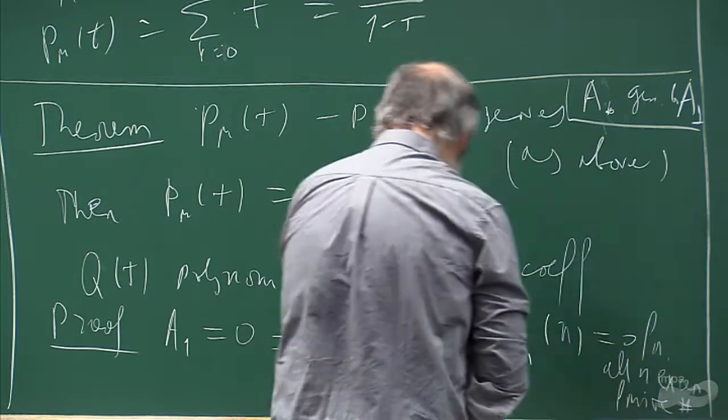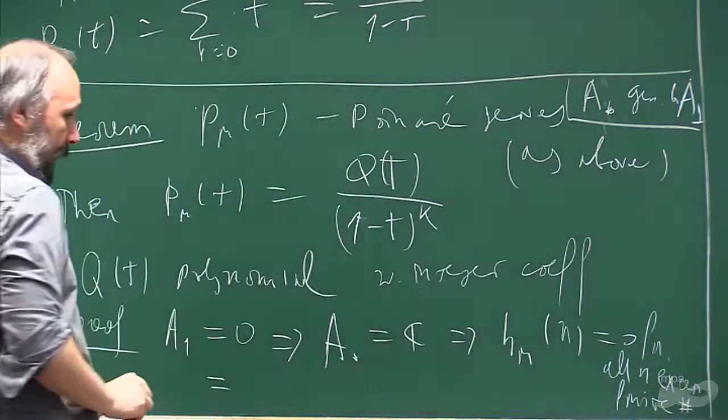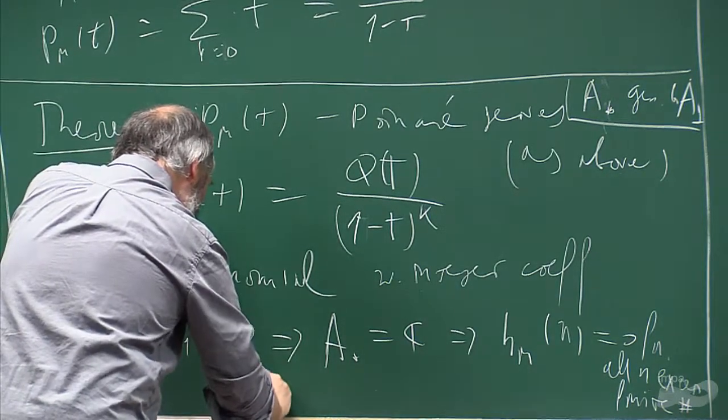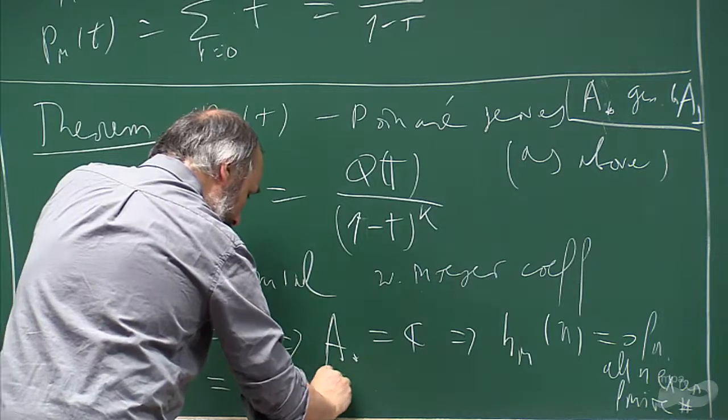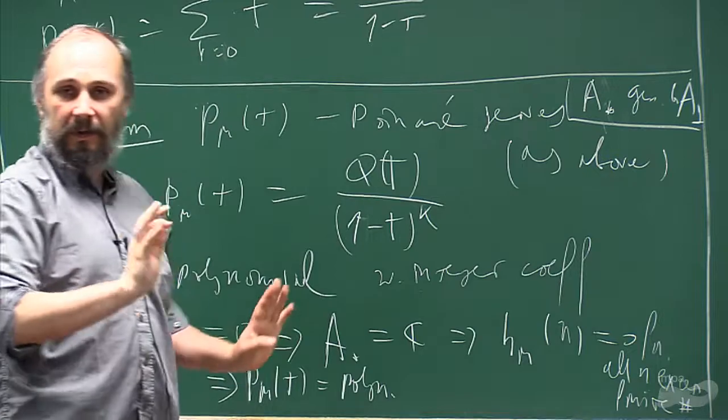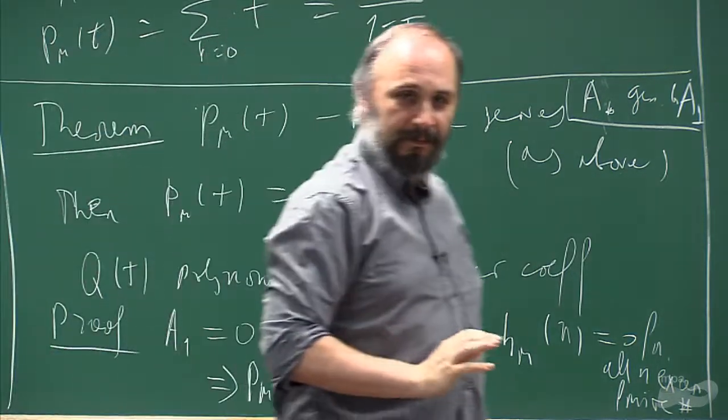And then, obviously, this means that our P_M of t is a polynomial. Clear? There's nothing to prove.